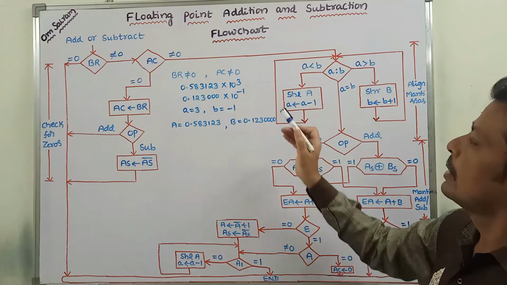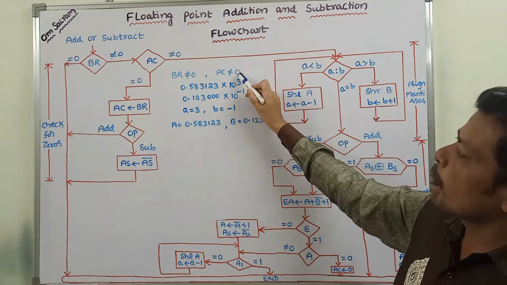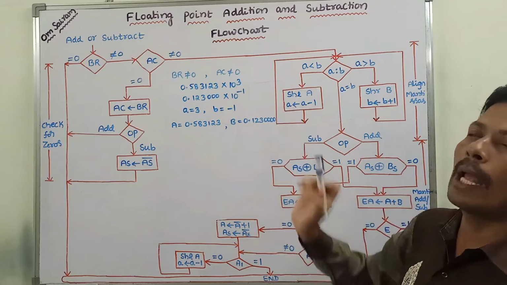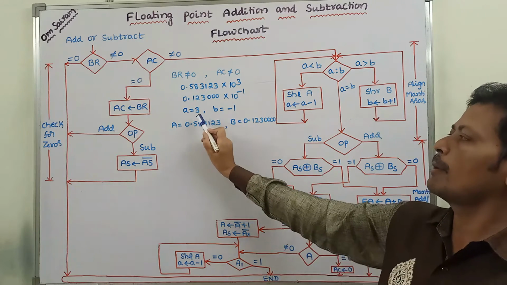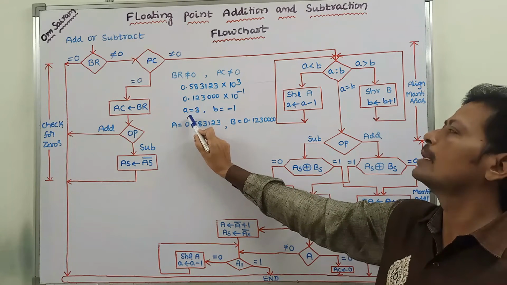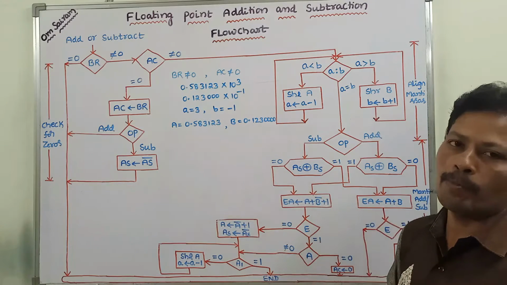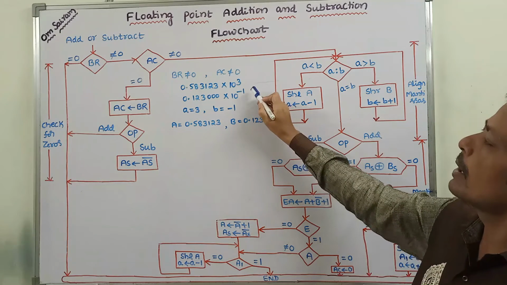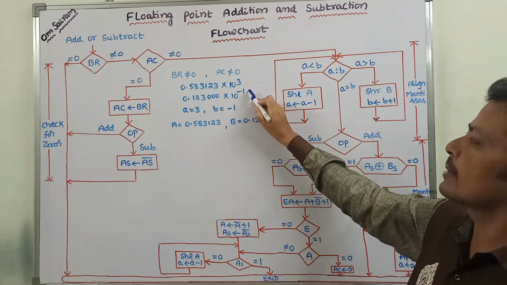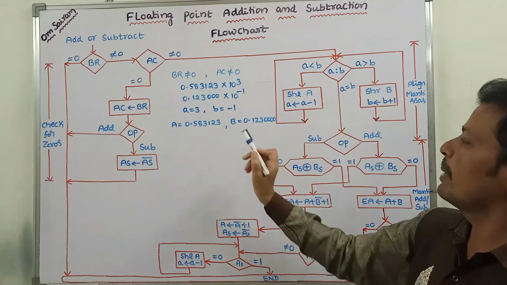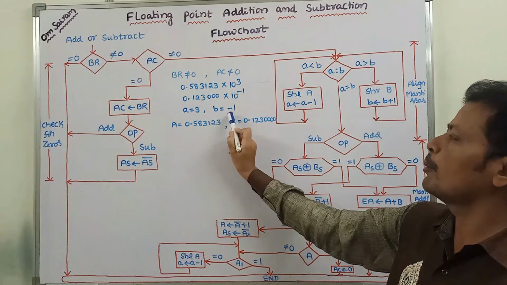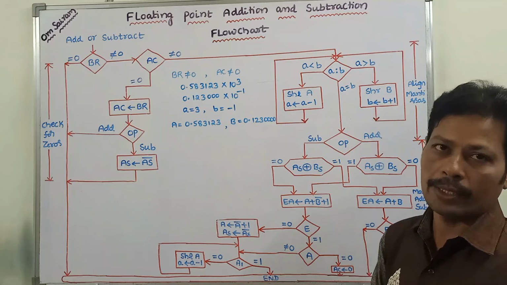The first floating point number's exponent value is 3, denoted by small a. Small a is equal to 3. The second floating point number's exponent value is -1, denoted by small b. b is equal to -1.